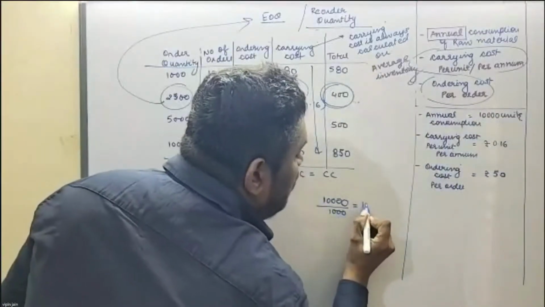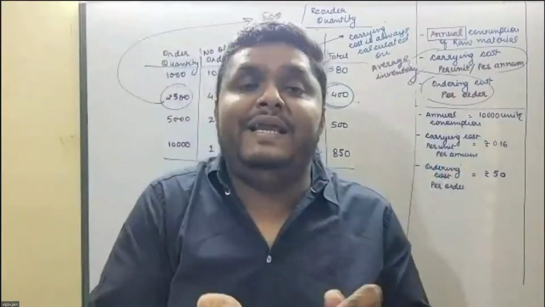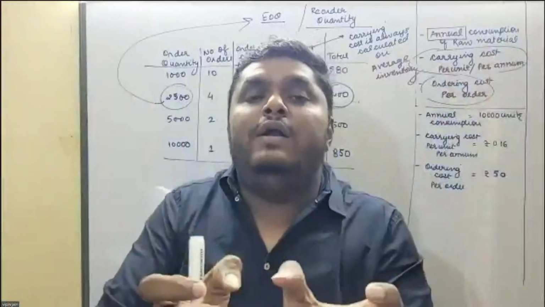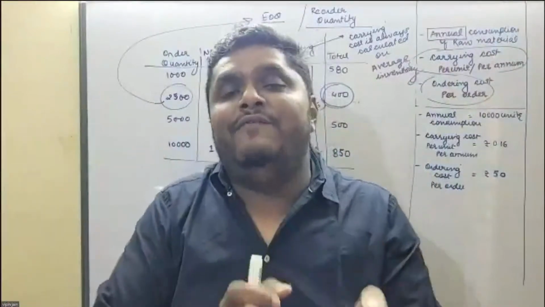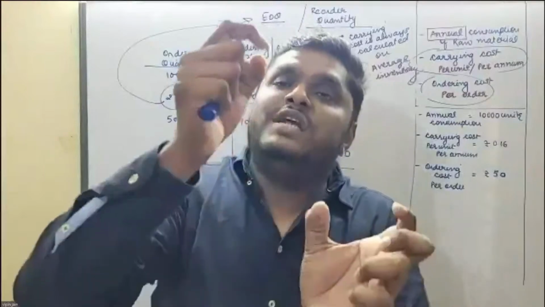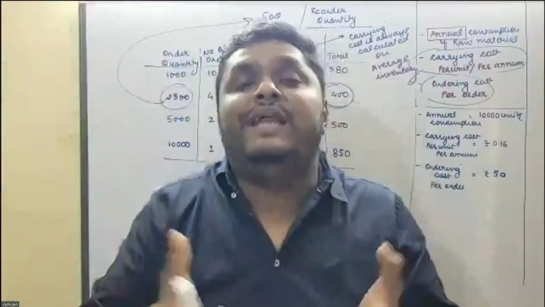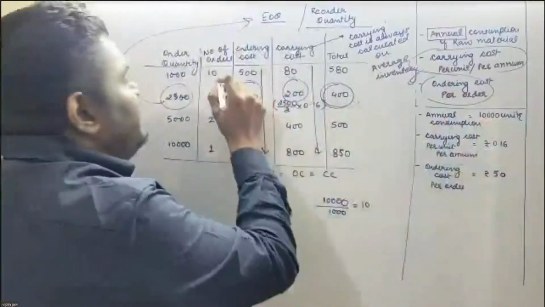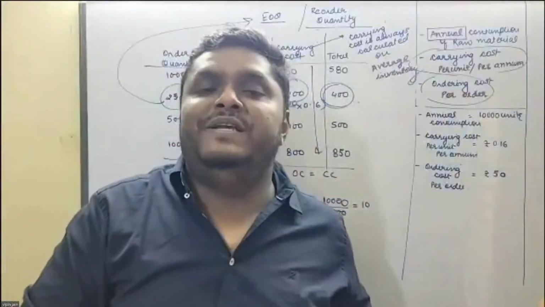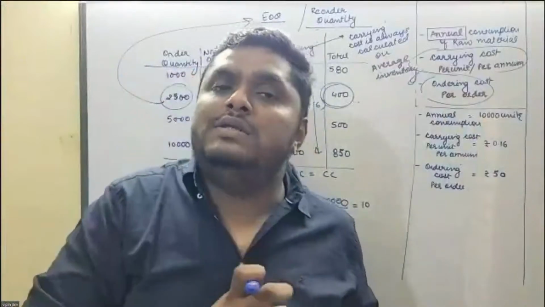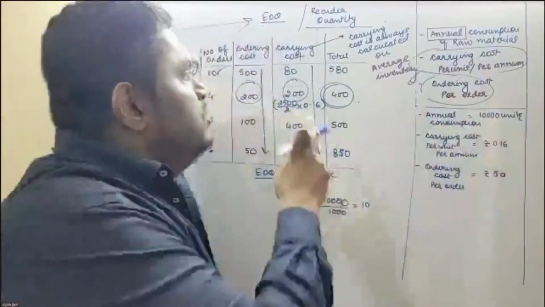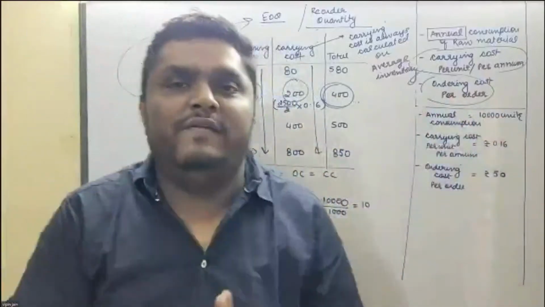So how many times does the order need to be placed? 1,000, 1,000, 1,000, how many times do I have to place an order? Very simple, 10. Now the ordering cost per order is 50 rupees. So how much is the cost of one order? 50. And how many times do we have to place an order? 10 times. So my ordering cost will be 500.